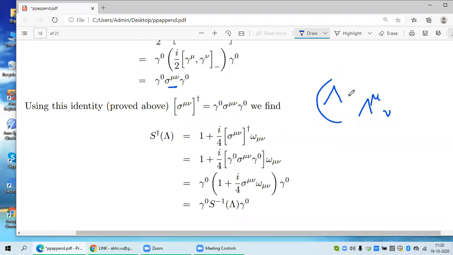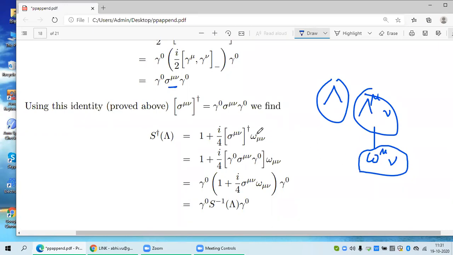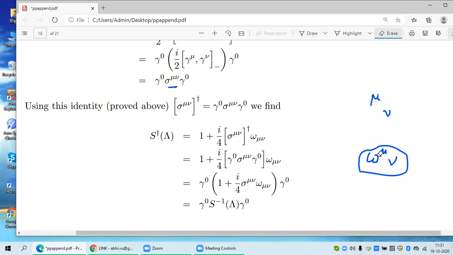This is a matrix, this is a matrix element, and this contains omega mu nu, which are also elements. These are real numbers because they represent the parameters of the Lorentz transformation, boost and rotation. If it were a complex number, then we would have to put a star, not a dagger, but because they are real numbers, there is nothing to do. Clear?